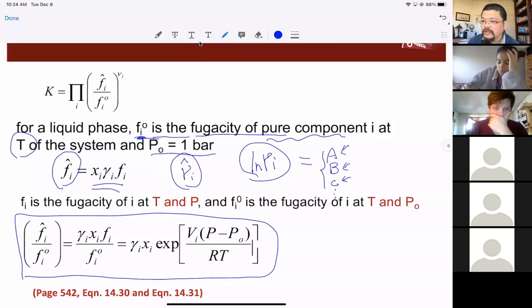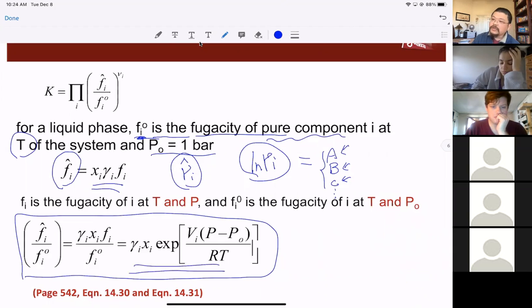Antoine's equation is involved. The second is we have this Poynting correction factor, and recall that in the slides, I had one example of, I believe, water or some alcohol. When you increase the pressure, at some point you are going to see a big effect on the fugacity. So that is indeed the equation we had from the discussion over there.